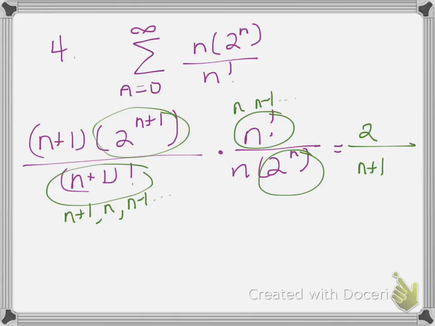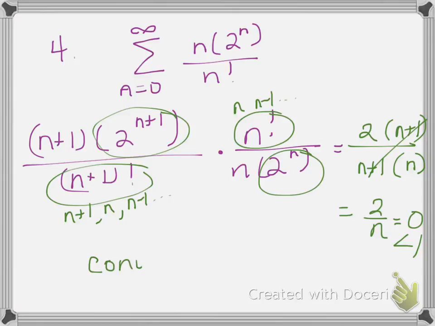And then the n plus 1 and the n stay. And if you'll notice, n plus 1s go away, so we get 2 over n. We're finding the limit as n approaches infinity. The top is less degree than the bottom, so we get 0, which is less than 1. So it converges by the ratio test.